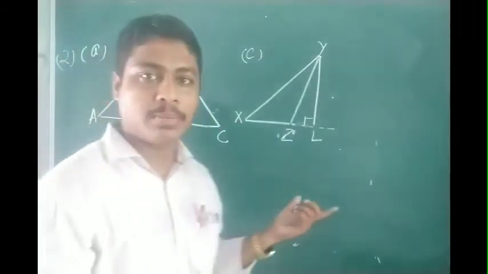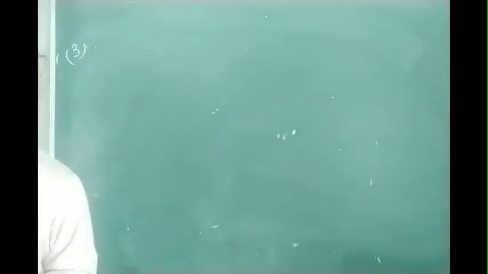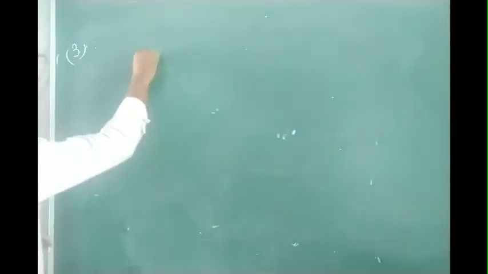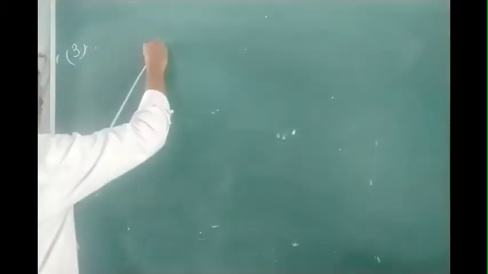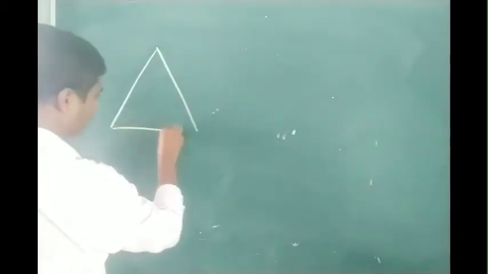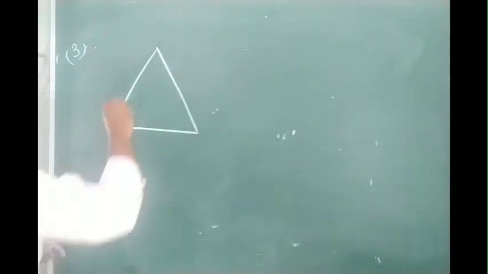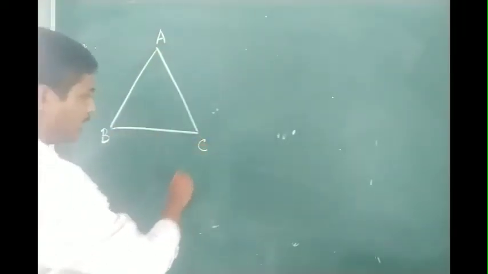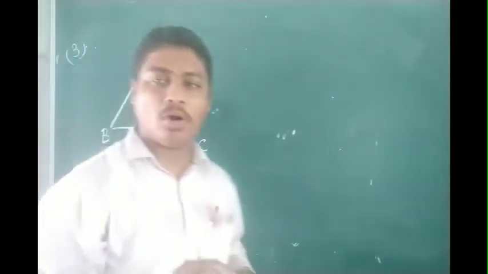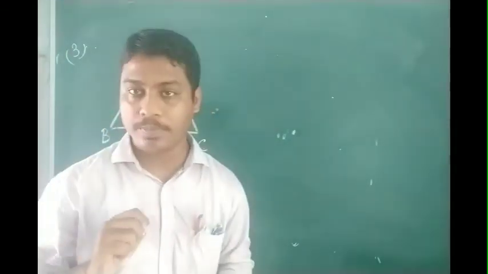Let me go to the question number 3. Question number 3 is given that if I draw an isosceles triangle, this is an isosceles triangle, two sides are equal, one side is not equal. So we have to see that in this isosceles triangle, whether the median and the altitude of the isosceles triangle are same or not.